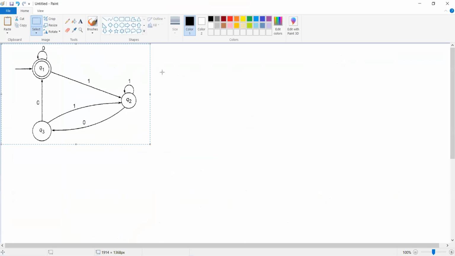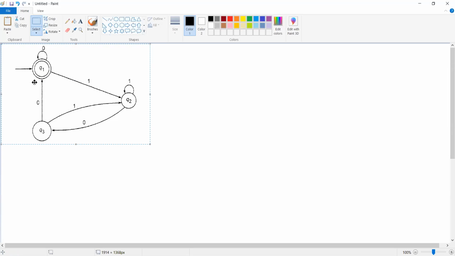Now have a look at this. This is our graph. Now for this graph, what do we have to do? We need to simplify. In order to simplify this, we need to look for the following: the initial state should not have any incoming transitions and the final state should not have any outgoing transitions.